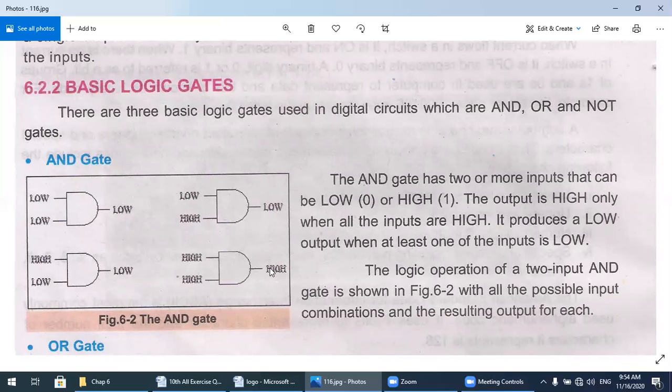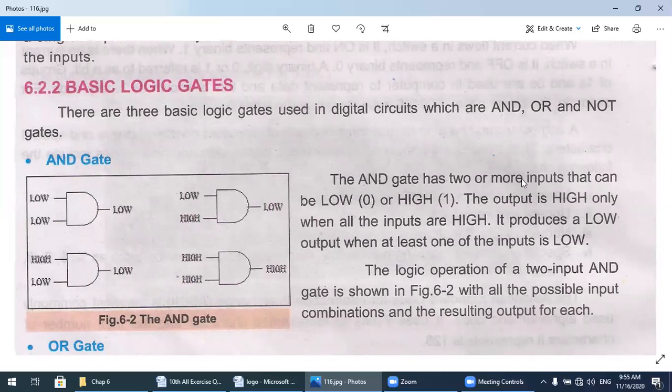This is the same truth table. In the concept of the AND gate, to achieve a high output, all the inputs should be high. It means that if any condition becomes false, its output should be low.